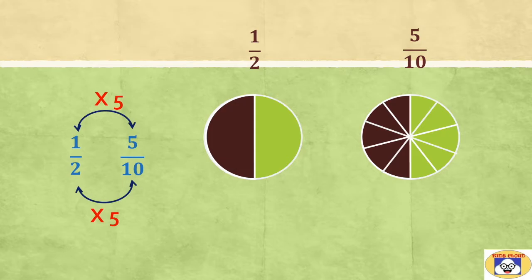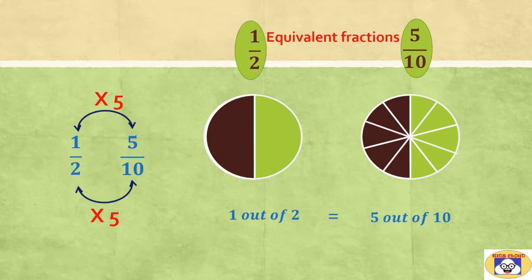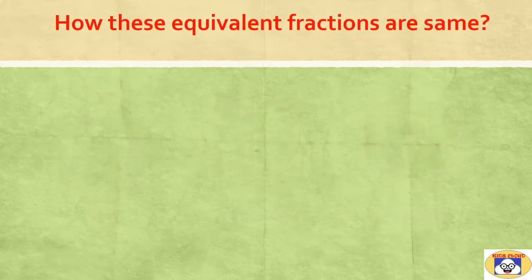As in the previous example, both of these are expressed with different numbers but represent the same area. Here, 1 out of 2 is equal to 5 out of 10. Hence, 1 by 2 is equivalent to 5 by 10. Let's elaborate how these equivalent fractions are the same.